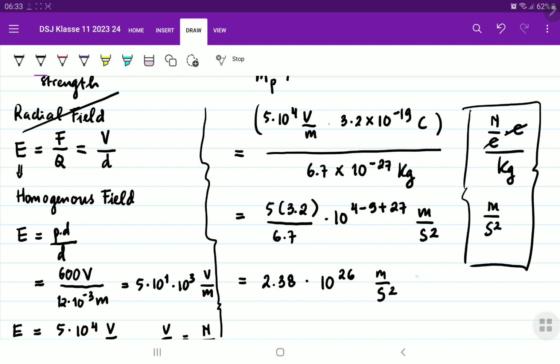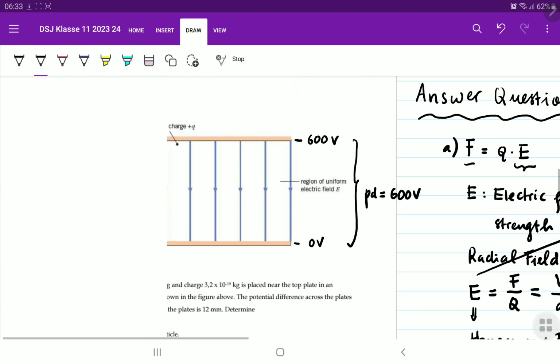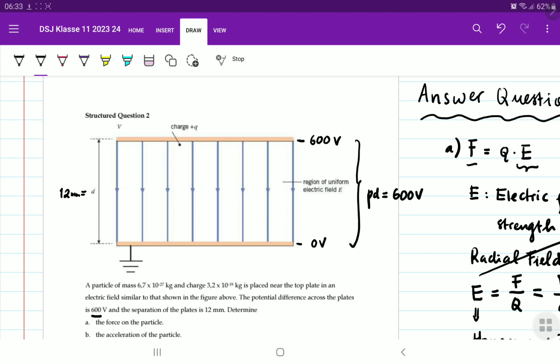In which direction is it? Basically, since our electric field line is pointing down and the charge here is positive, the force is also pointing down. If the charge is negative, let's say the particle has the elementary charge minus e, then the force will be opposite to the electric field, and therefore the acceleration is pointing up, in the y positive direction.